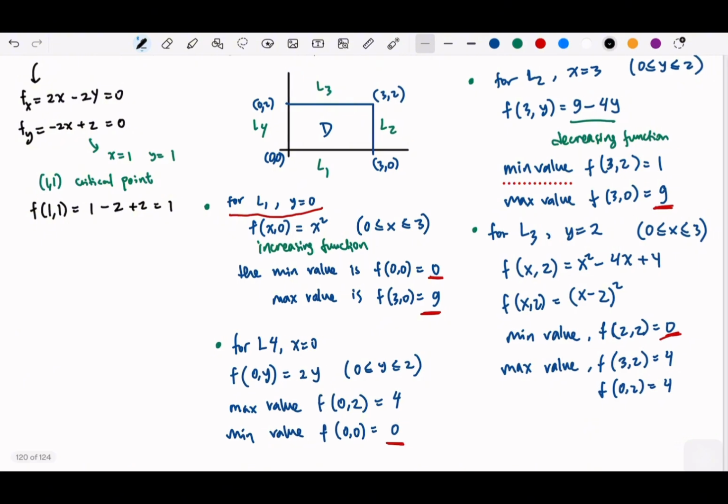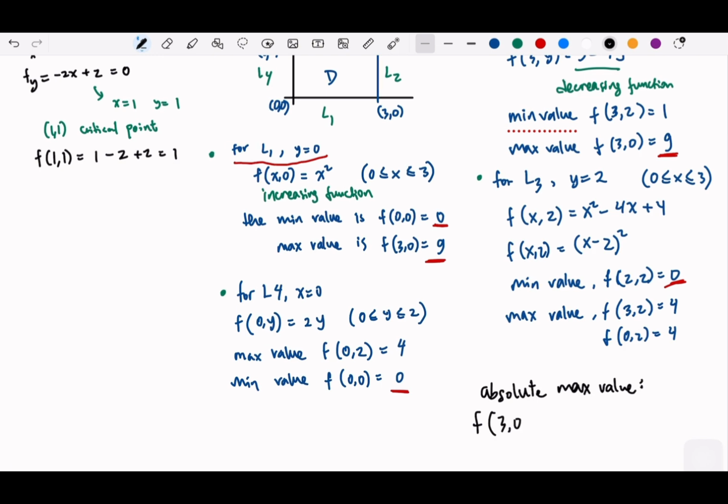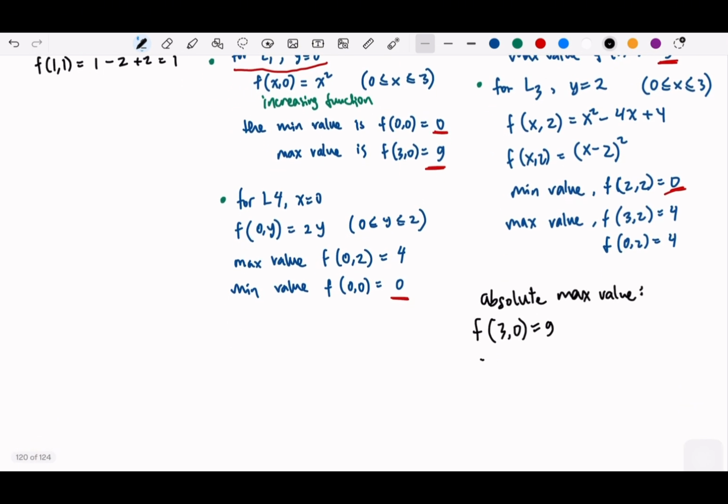So the absolute max value is f(3,0), which is 9, and the absolute min value is f(0,0) and also f(2,2), which equal 0.